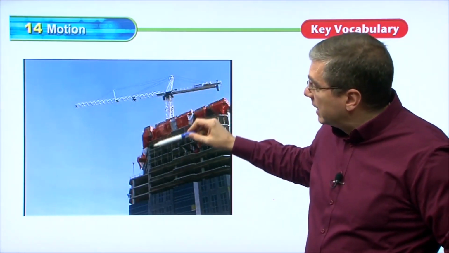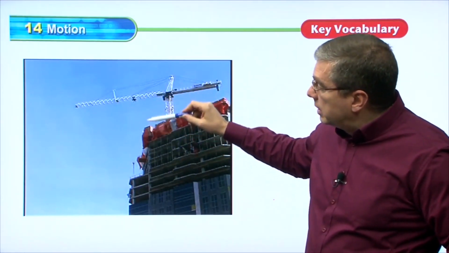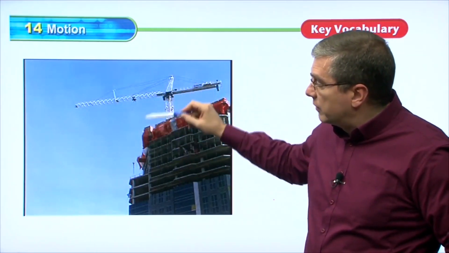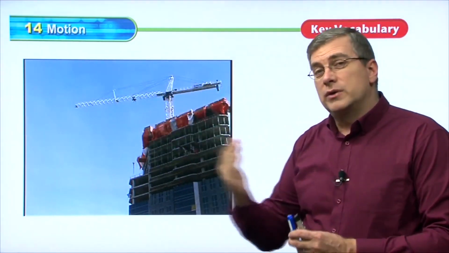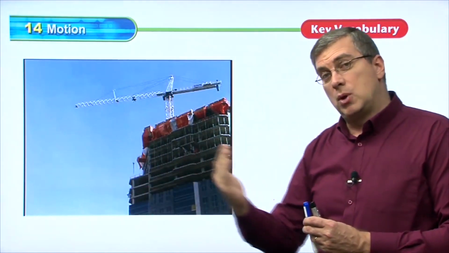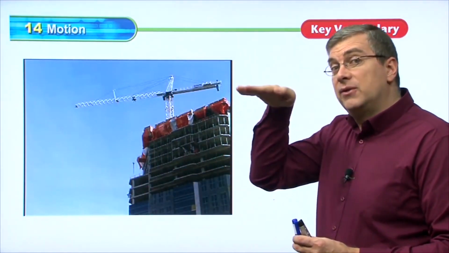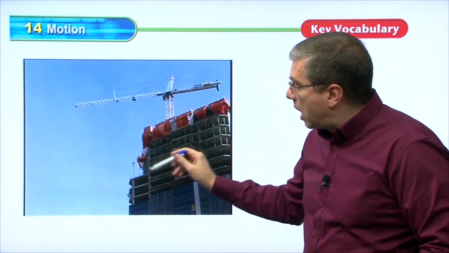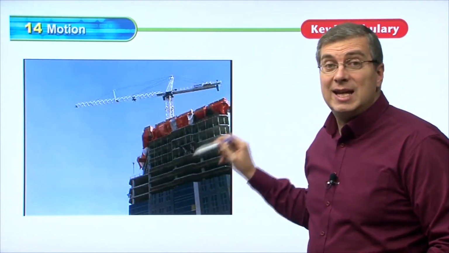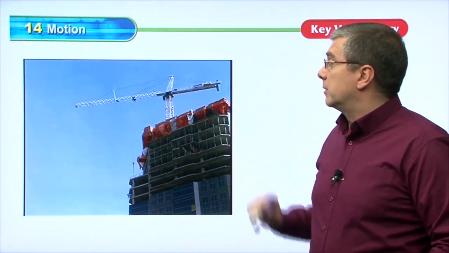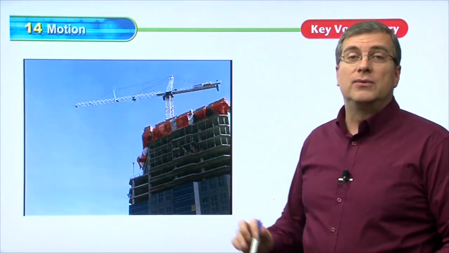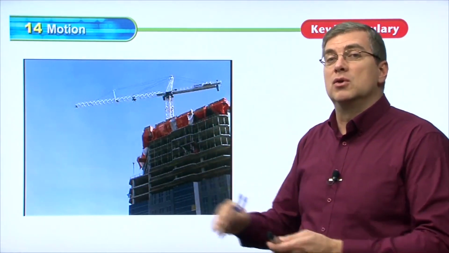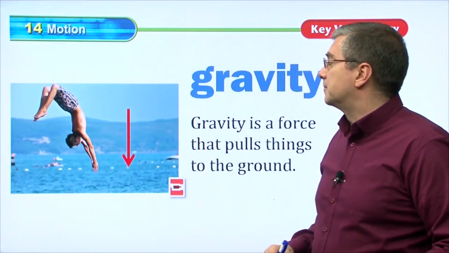So they can make these cables pull the object up or let it go down, and they can move it up and down. So a crane can move things away, pull things close, but can also lift things and drop things. So they can move objects around where they need them on this building. So that's a good example of the forces that you use to make something move, to put something into motion.